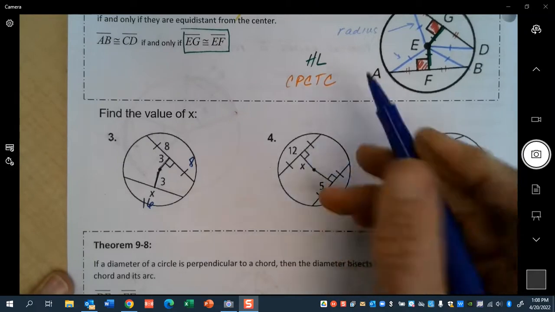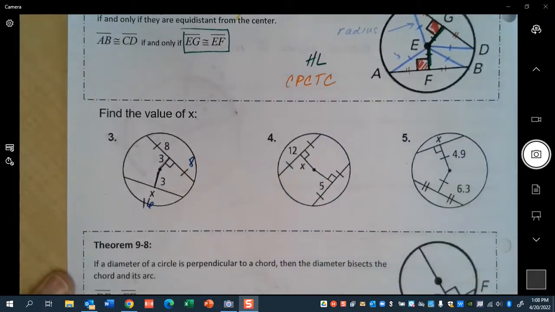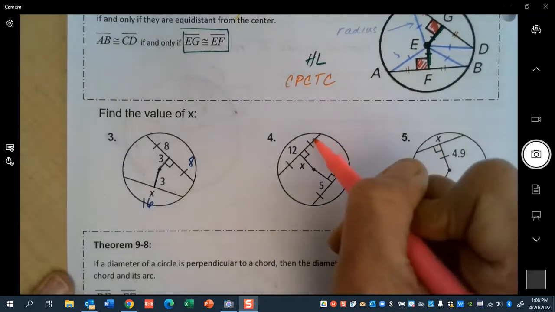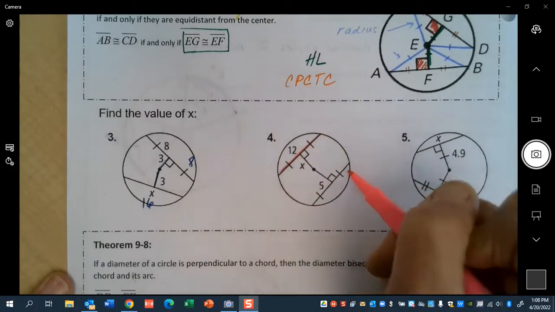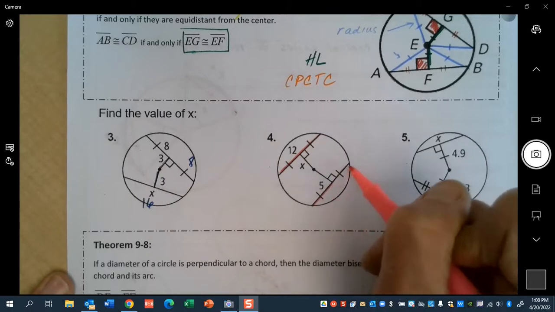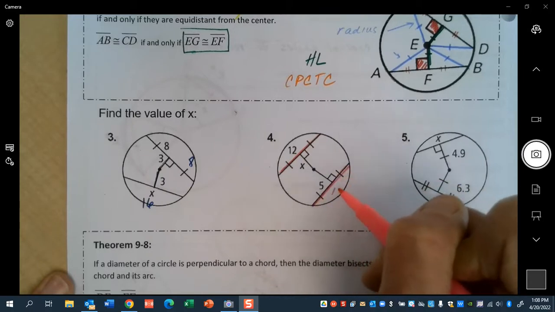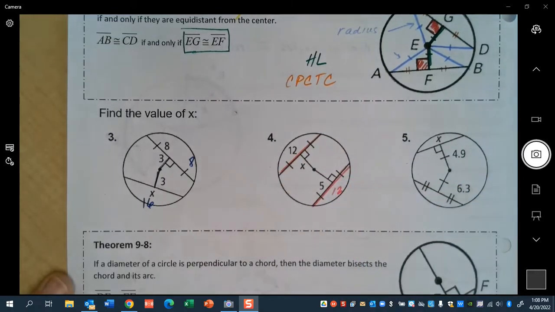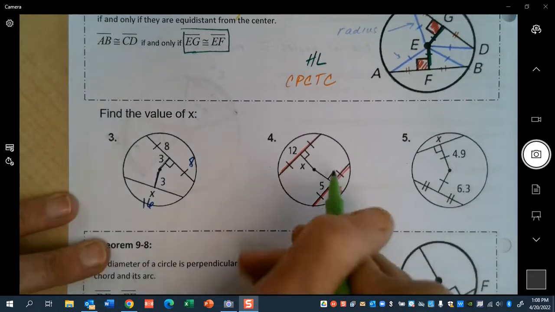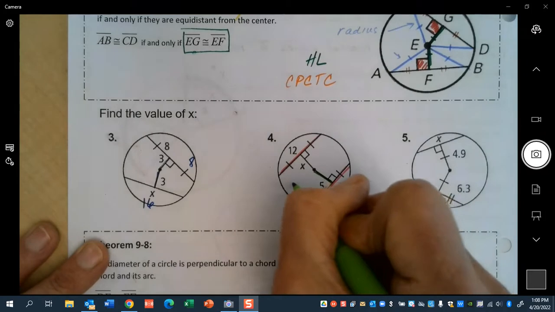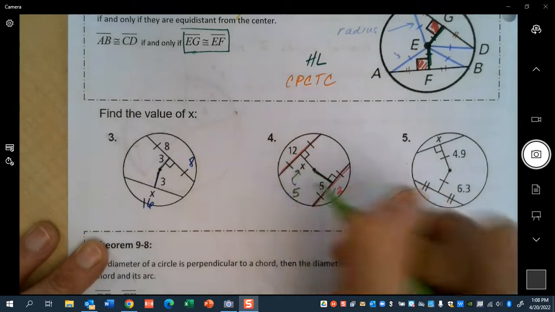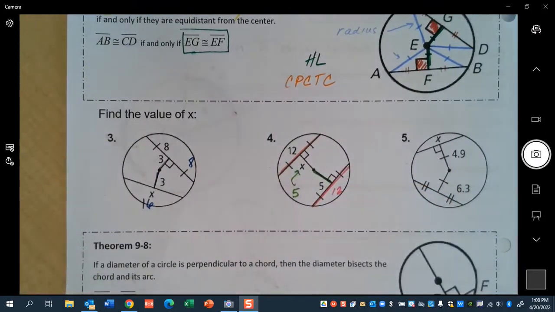These are all congruent, and we're going to go with this whole leg, this whole segment's 12, because it's kind of positioned in the center, and this whole segment's 12. So if this guy's 5, what's x? It's also going to be 5.